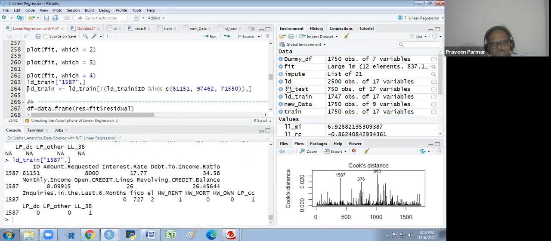Is it clear? We have to use the quotes here. Sorry, I forgot to use it earlier.